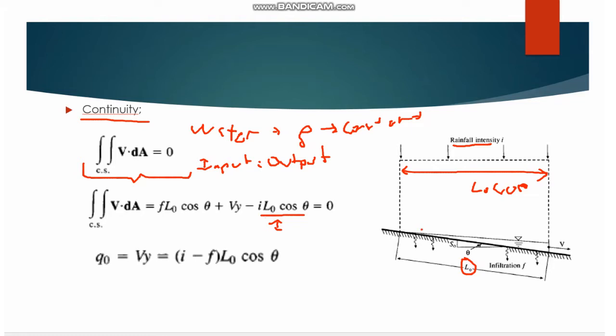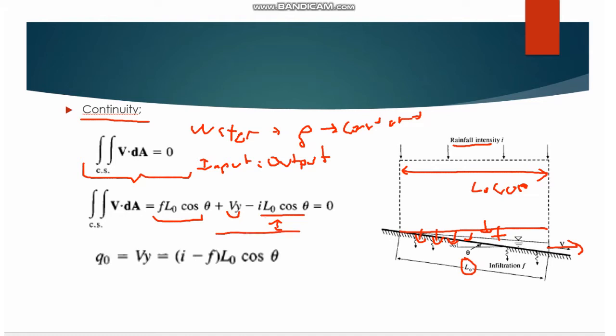Output is infiltration into the soil, again over the cross-sectional area, so we say F. So F L0 cosine theta plus the overland flow, which is V multiplied by y, minus I L0 cosine theta is equal to 0, which is the continuity equation.